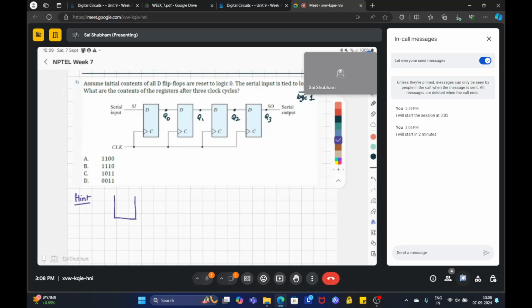In a D flip-flop, whenever there is a clock edge, like whenever there is a transition of clock from 0 to 1, Q is basically D. Whatever data is stored in D is transferred to Q directly.